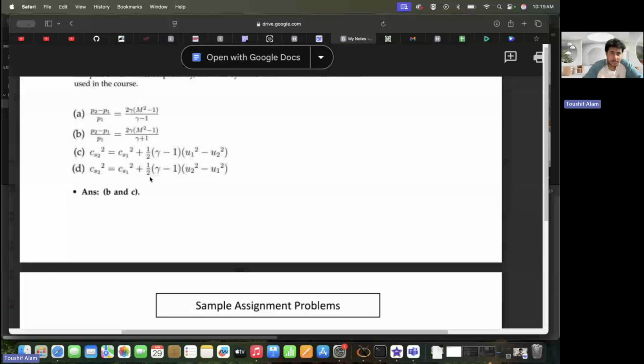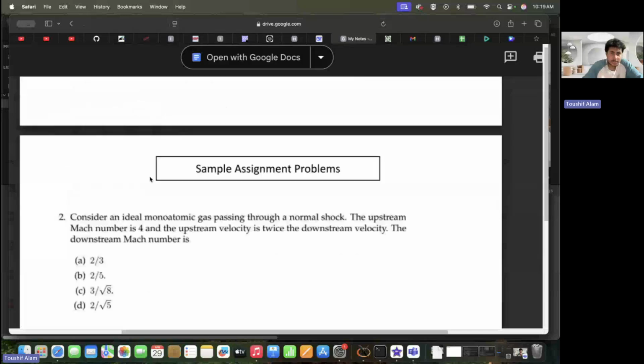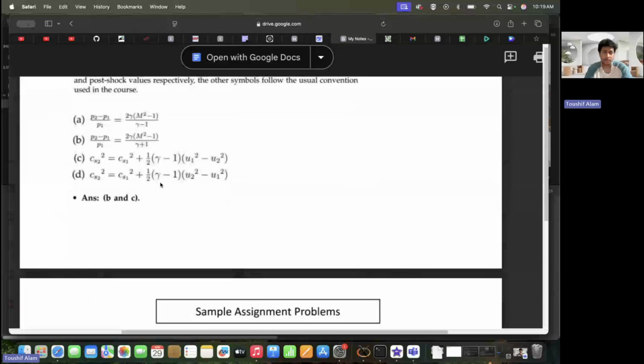Gamma is 5 by 3. Minus 3 by 2 times 2 by 3, so minus 1, minus u2 squared.